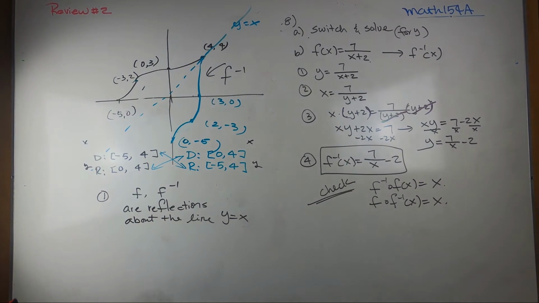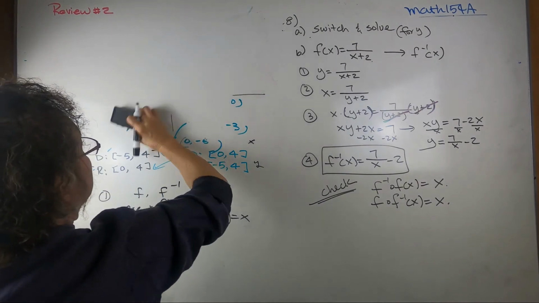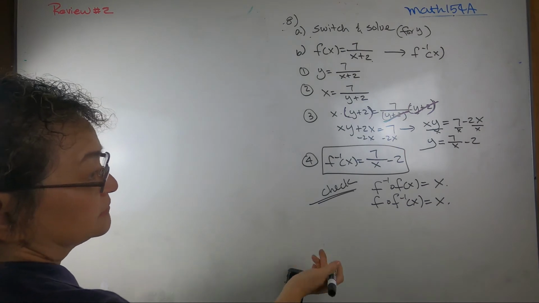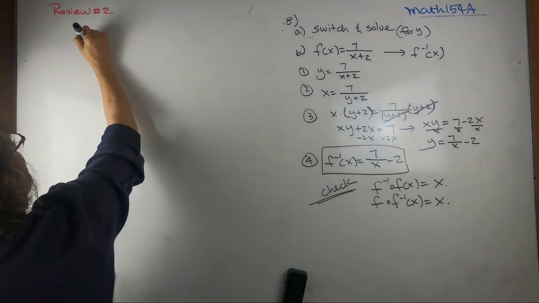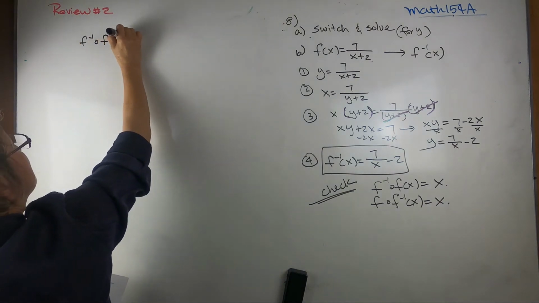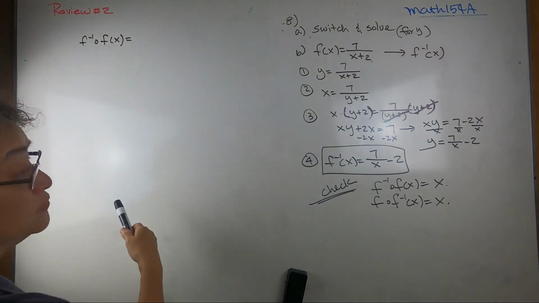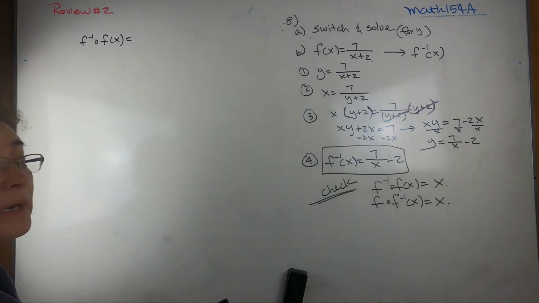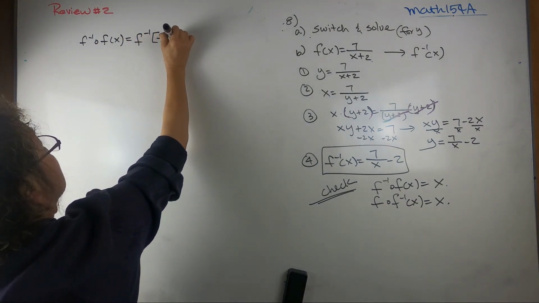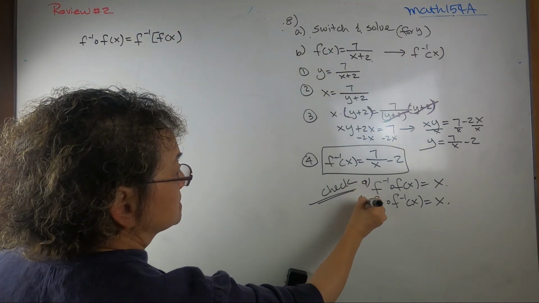Okay, so it's only worth 2 points, so you don't need to spend a lot of energy on it for this class. But if you go on to pre-cal, get ready for pre-cal and calculus, you better have an idea what to do for the composite function, right? So how should we write? We should write it this way, right? So we check the first one and second one.